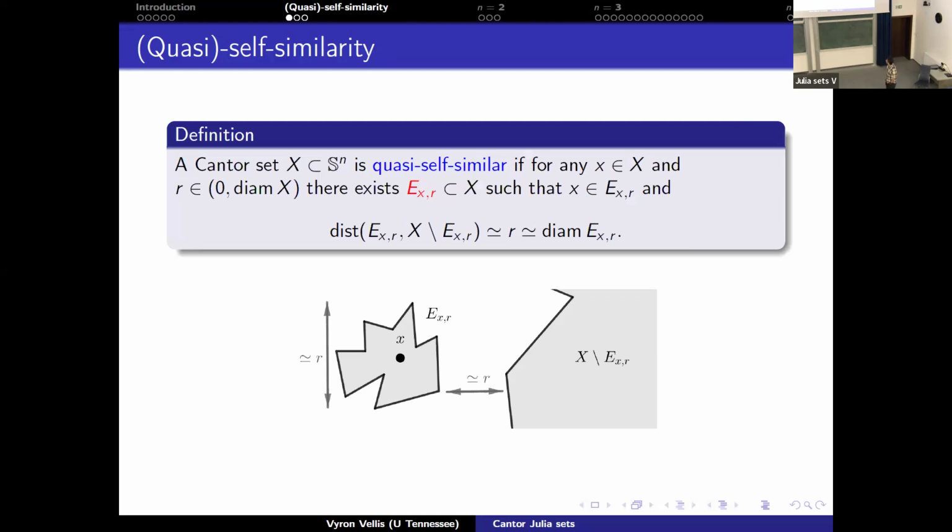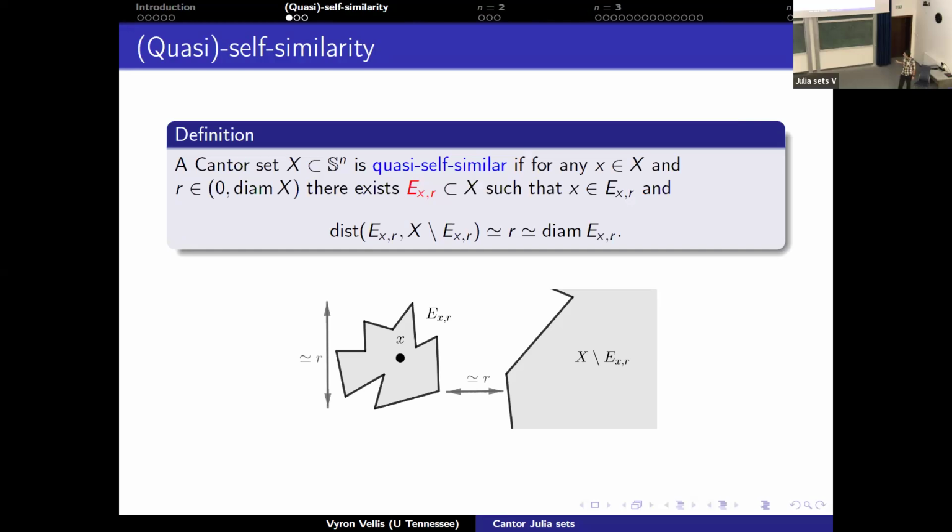So a Cantor set is quasi-self-similar if for any point X and for any scale R, I can find a subset of my Cantor set that contains X, and its diameter and its distance from the rest of the Cantor set are both comparable to R. Okay, in my picture, this looks as if it has area, but it's a bad picture.